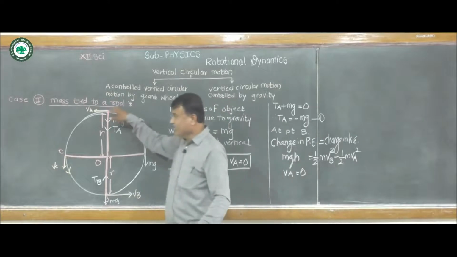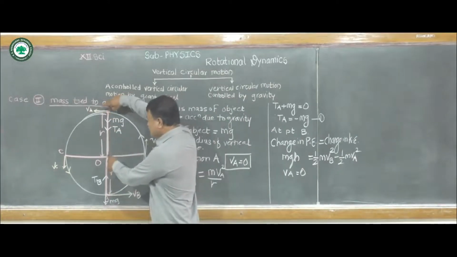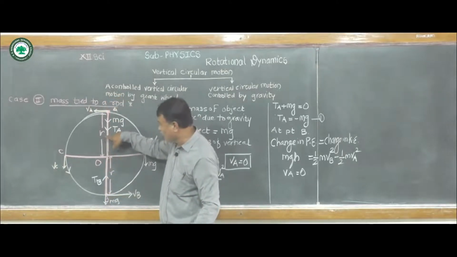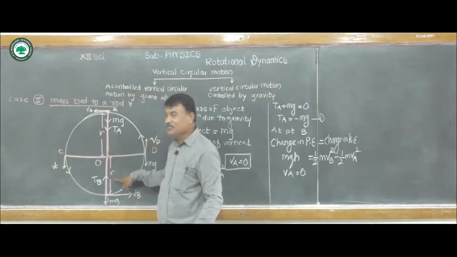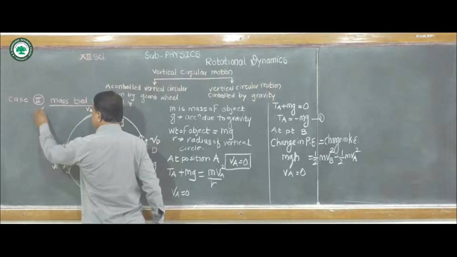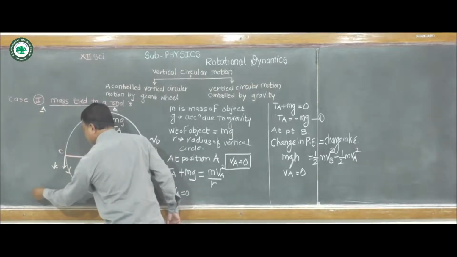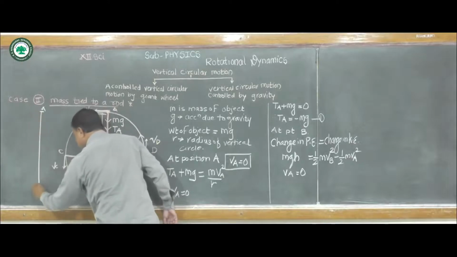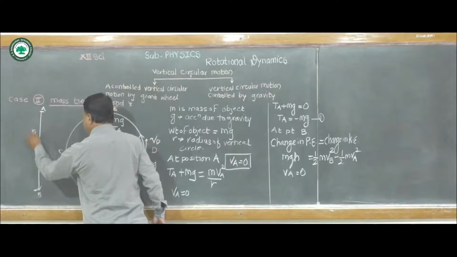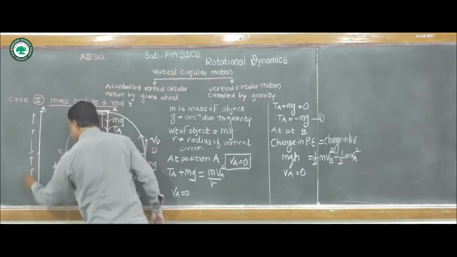Now we consider point A and point B. The distance between point A and point B is small r plus r, which is twice r. If we consider this as the A position and this as the B position, then this distance is r plus r, equal to twice r.